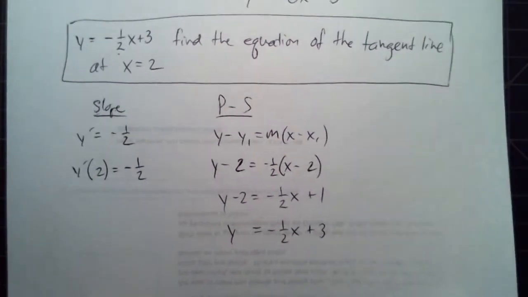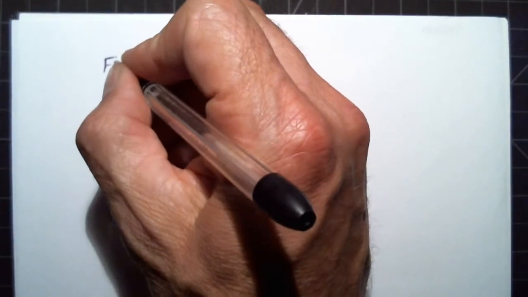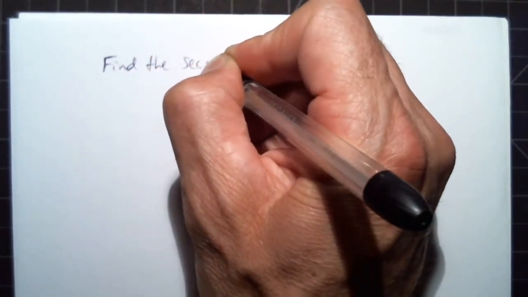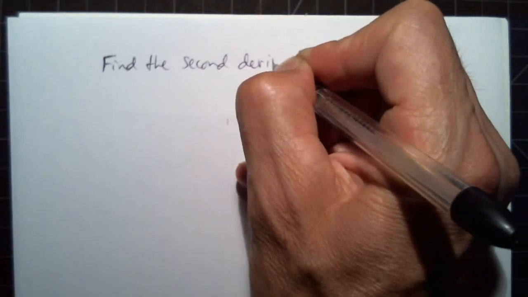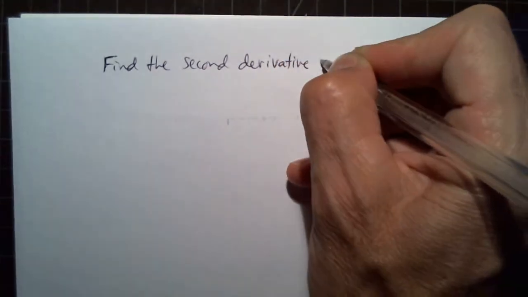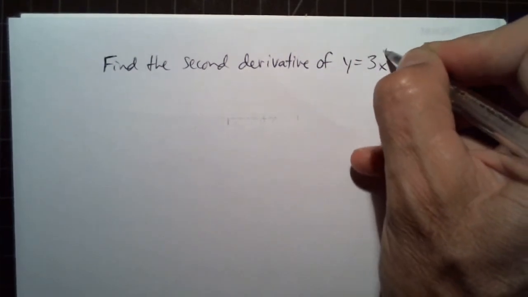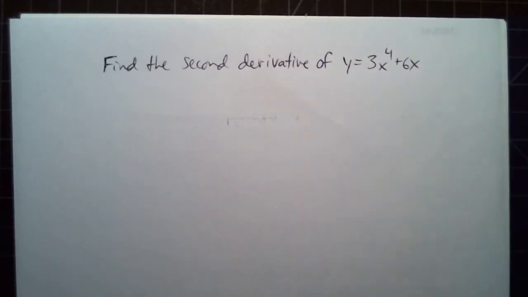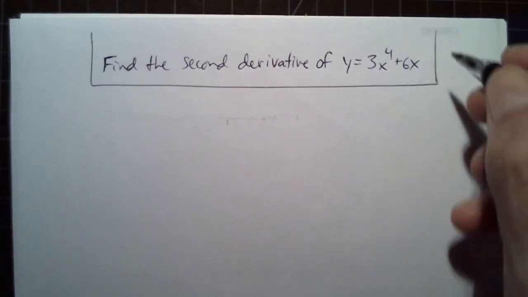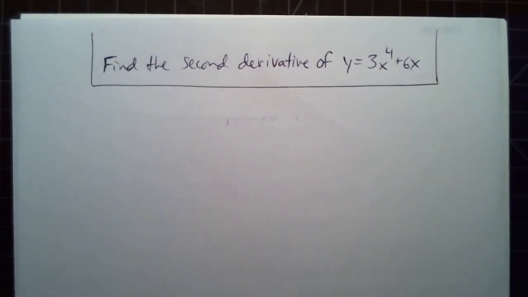Alright, just one more concept and we're all done. Okay, well, we can find a derivative, but we can also find the derivative of the derivative, and that's called the second derivative.